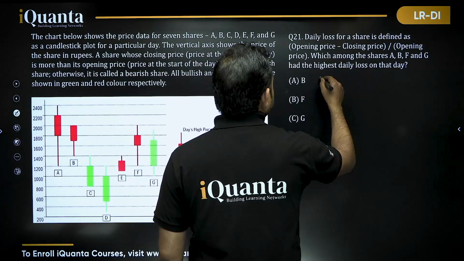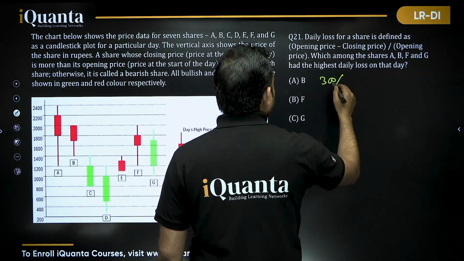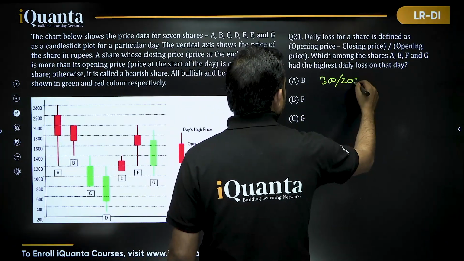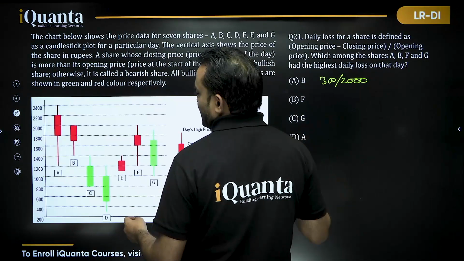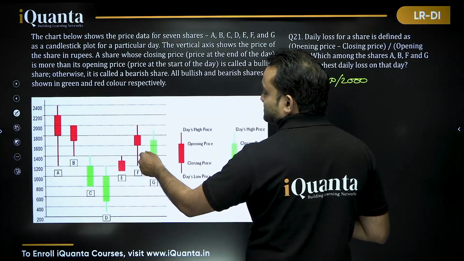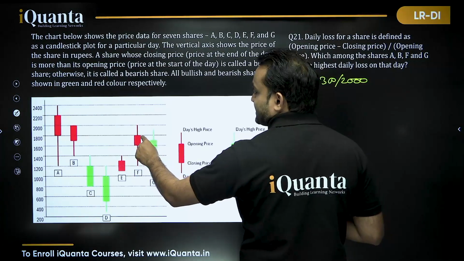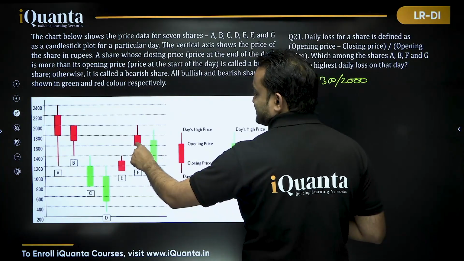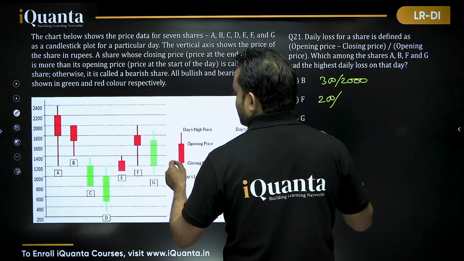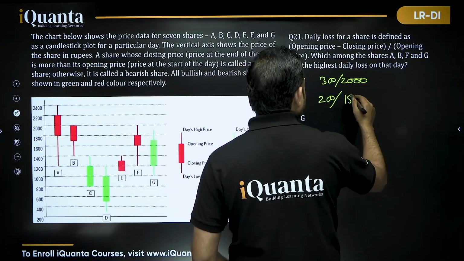So the difference is 300 divided by the opening price, which is 2000. Right? Now in case of F, the opening price is 1800 and the closing price is 1600. So the difference is 200 divided by opening price, which is 1800.